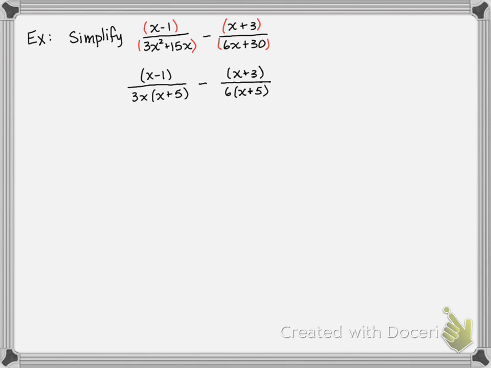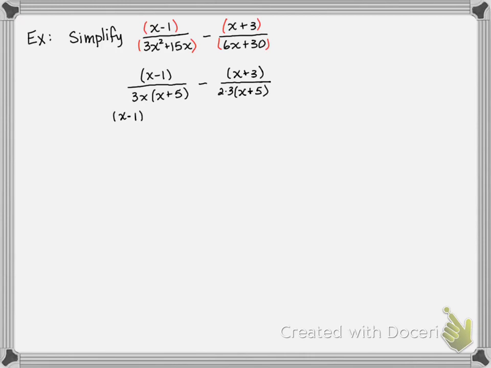And then just like we did on Thursday, remember how if we had a monomial factor, we did the prime factorization of it? So we can think of this 6 as 2 times 3. Because we don't want a factor of 3 and a factor of 6 when we get common denominators, because that factor of 6 already has a factor of 3 in it.